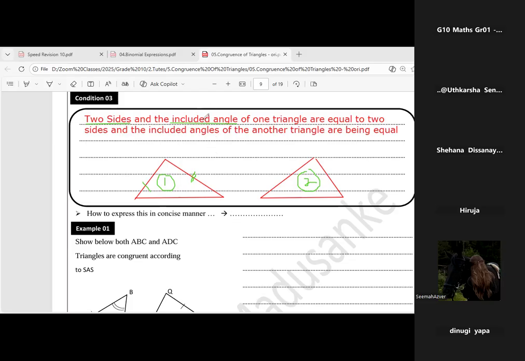And the included angle is the angle in between these two sides, because this angle is formed by this arm and this arm.